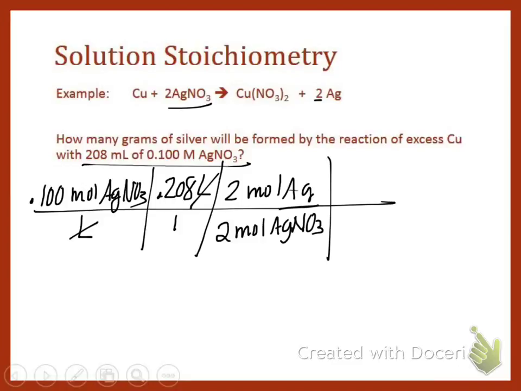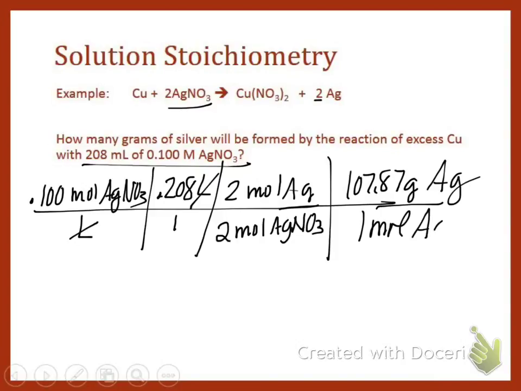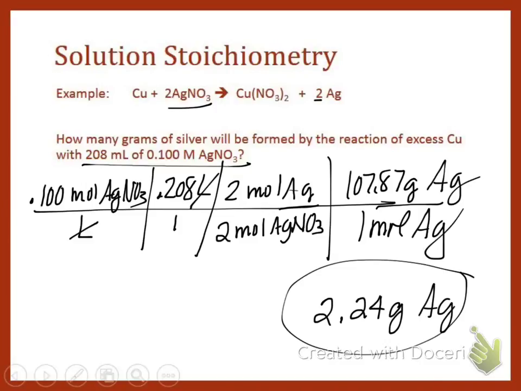Now I can use the molar mass of silver, 107.87 grams of silver over 1 mole of silver. And I put that into my calculator, and I need 3 sig figs. So I'm going to say 2.24 grams of silver is how much I could form. Okay?